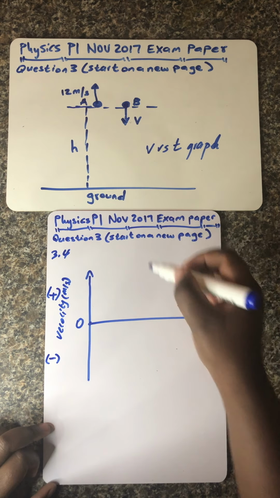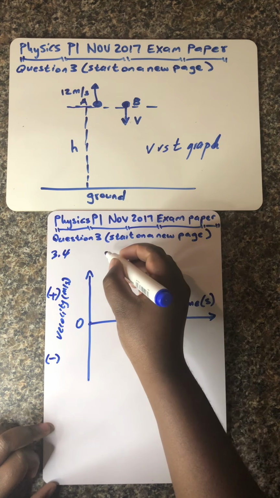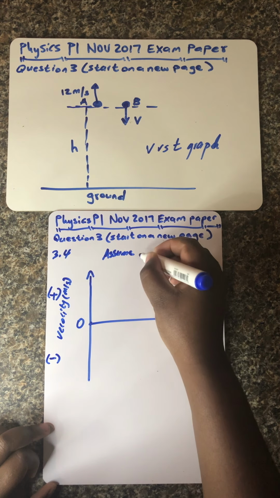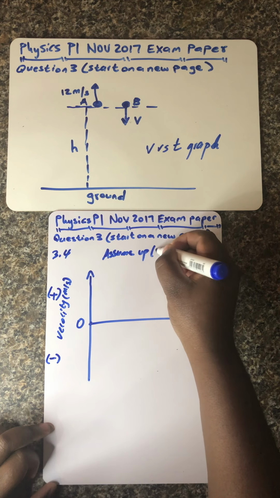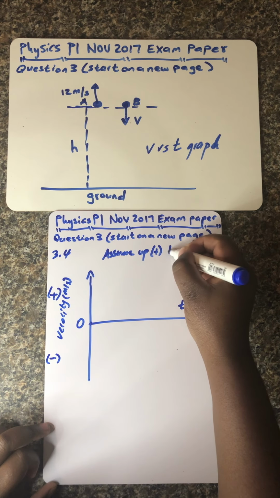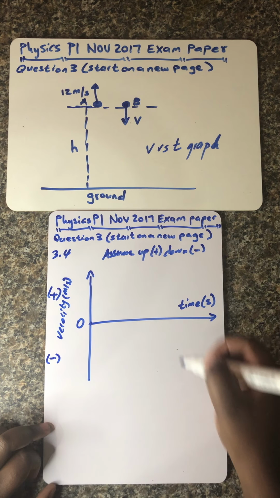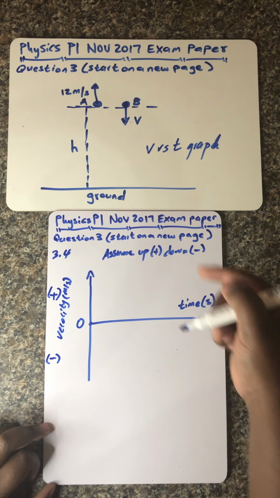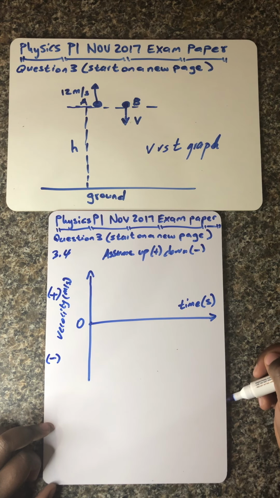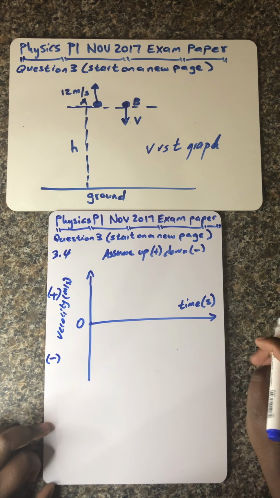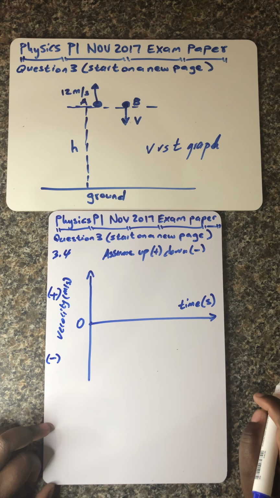So for this diagram we assume up as positive and down as negative. You can still assume up to be negative and down to be positive. But for this lesson, let's assume up to be positive and then down to be negative.